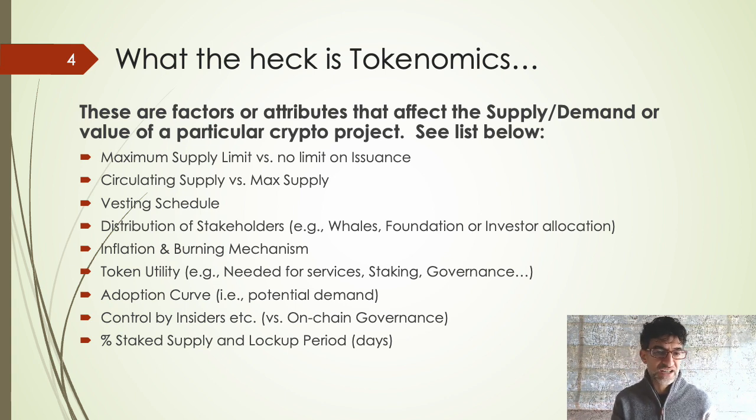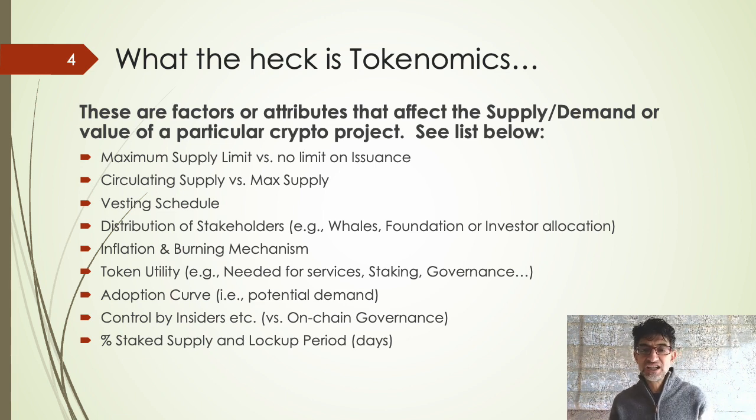What's the inflation on it? What's the utility of the coin? Is it just a meme coin? It's just used for fun. You like the coin, it looks like a dog. Or does it have actual utility? And what's the potential demand for that? The adoption curve? What's the control by insiders? And this is a little different from the whales. The point for this is whether they're on-chain or off-chain governance.